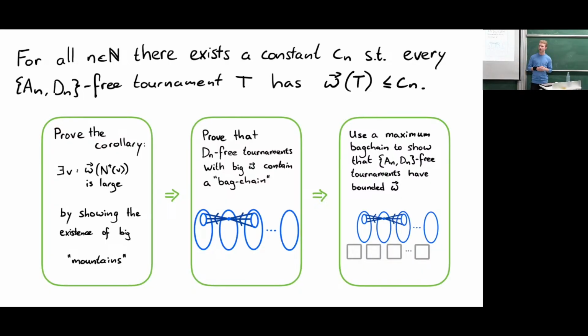And similarly also, if you look at dichromatic bounded classes, this shows that essentially you only have to care about classes where the diclique number is also bounded.